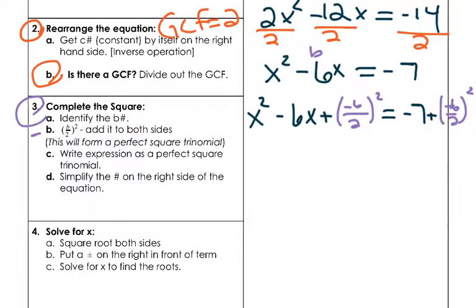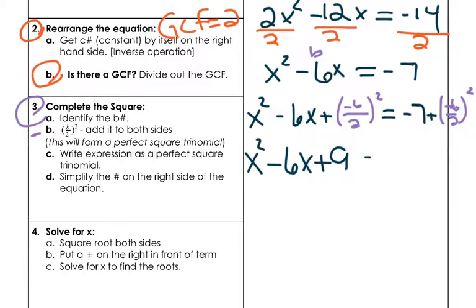And then it says rewrite this to form a perfect squared trinomial. Rewrite the expression as a perfect squared trinomial. So then I'm going to have x squared minus 6x plus, well, negative 6 divided by 2 gives me negative 3. And if I square negative 3, I'm going to have positive 9.